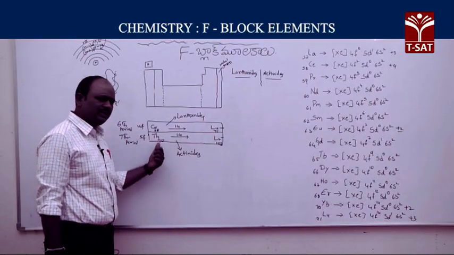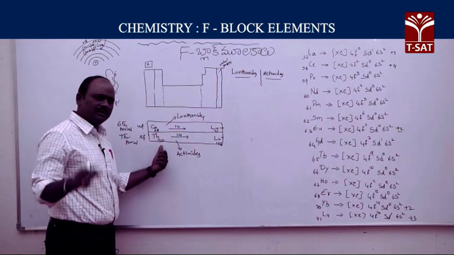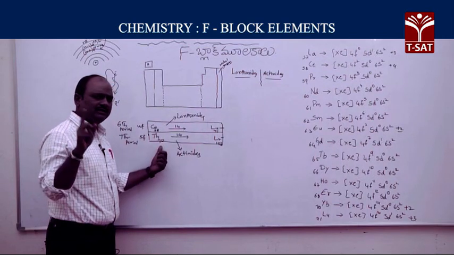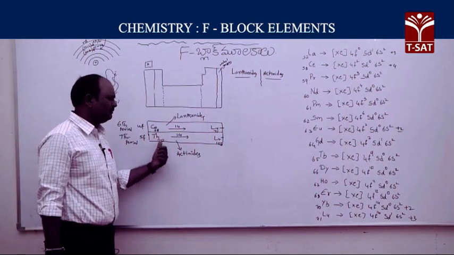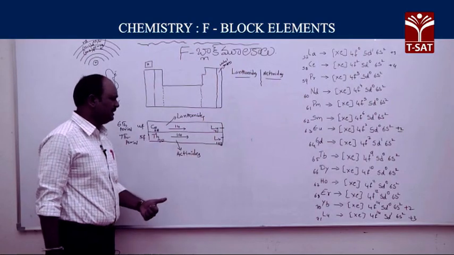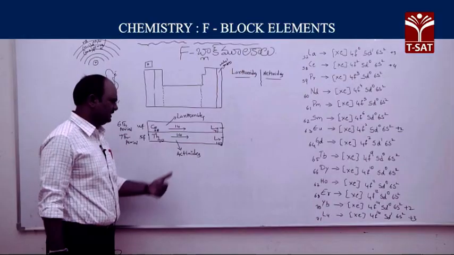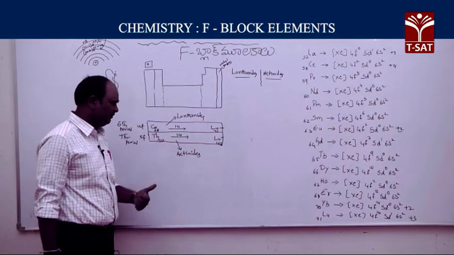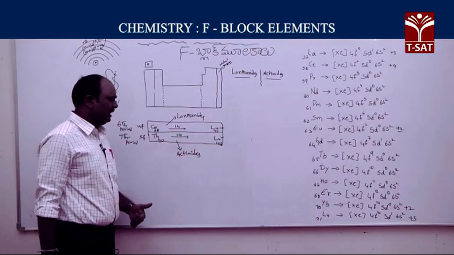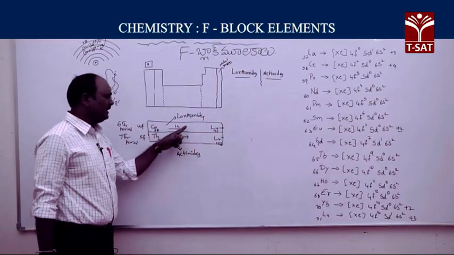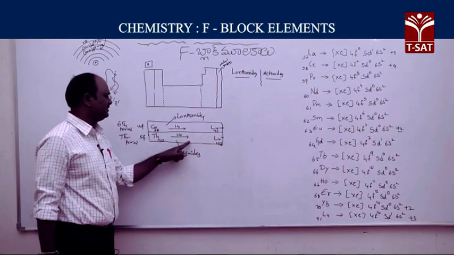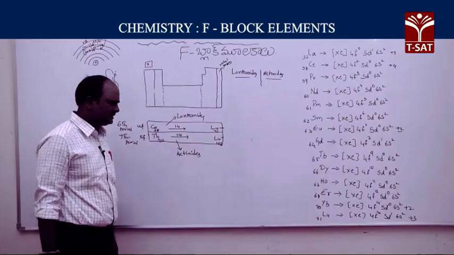Whereas when you take from atomic number 90, that is thorium, from thorium to lawrencium, it means atomic number 90 to 103, here also there are 14 metals kept in the actinides. The combination of lanthanides and actinides is called f block elements.